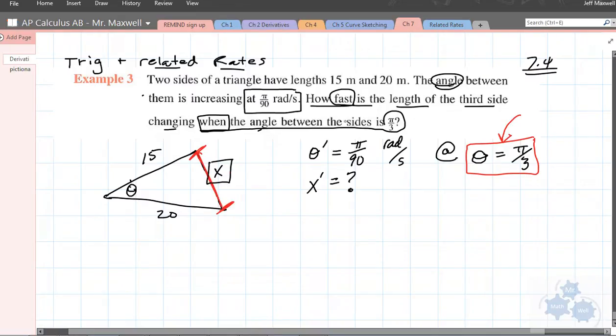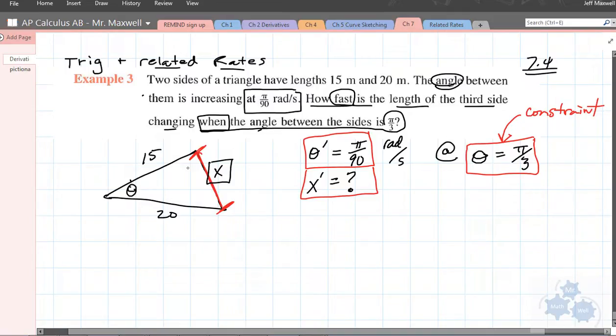In a related rates problem, look for a given rate, look for an unknown rate, and look for some point at which you want to calculate this rate. You might hear it said, it's a constraint.